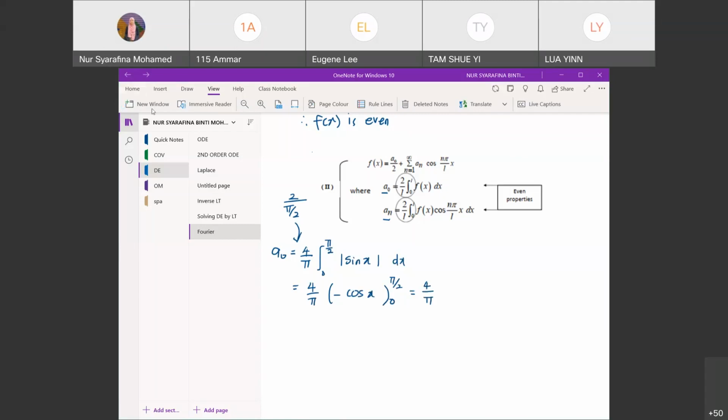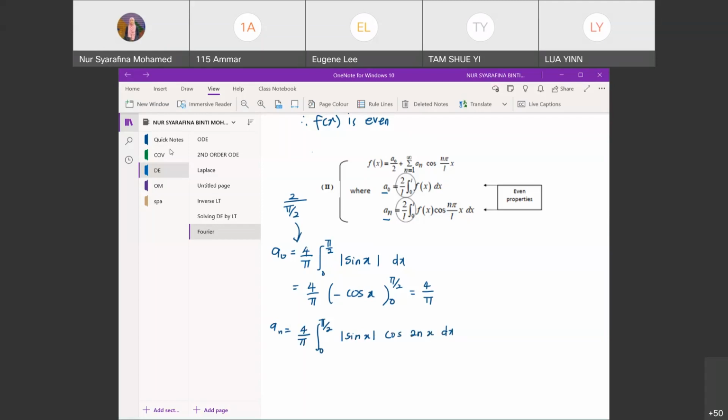Substituting will give you 4 over pi. Okay, everyone has no problems with finding a naught? All of you got a naught? Okay, good. So now let's find a n. For a n, you know that it is 2 over L, so it is still 4 over pi, integrating from 0 to pi over 2, f(x) is sine x, times cos of n pi x over L, where L is pi over 2, so we will have cos 2n x dx.